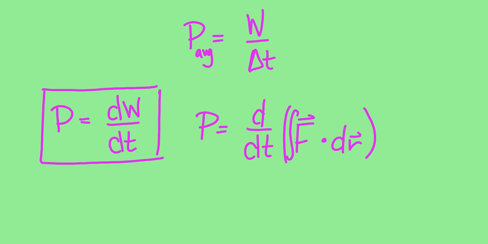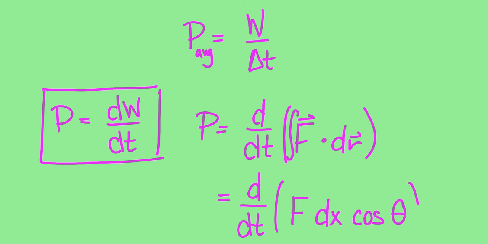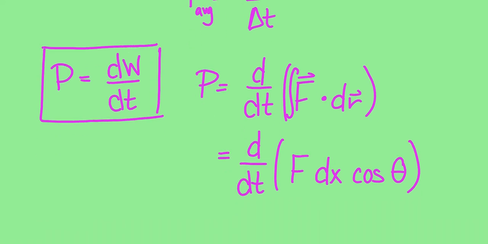Now, if we happen to have a constant force, then really what I'm doing is taking the derivative of F dx times the cosine of theta, or the angle between my force and my displacement vector. Well, guess what? If I were to combine these and write them in a different order, that gives me F times dx/dt times the cosine of theta.